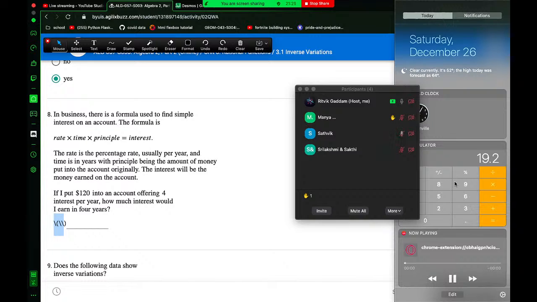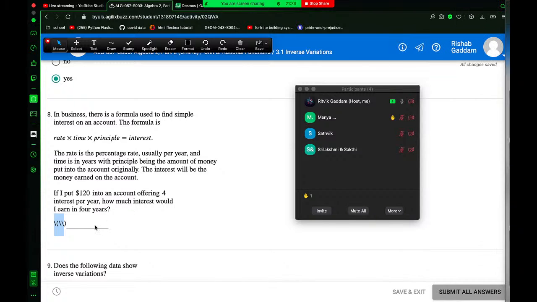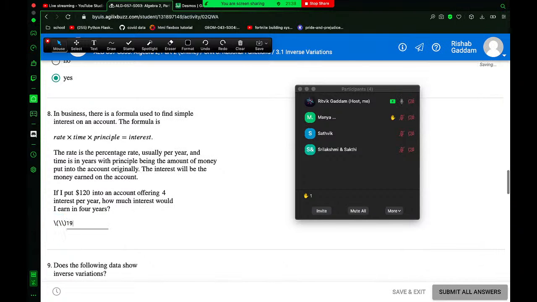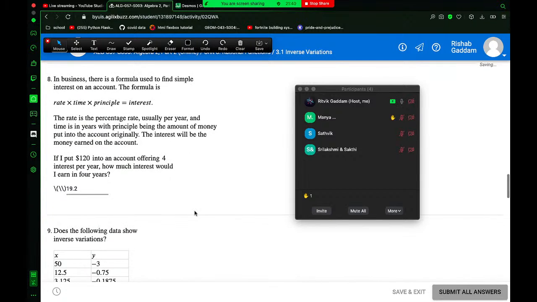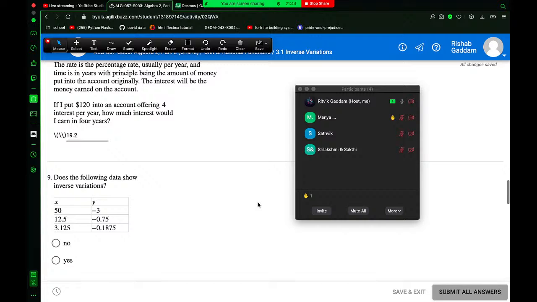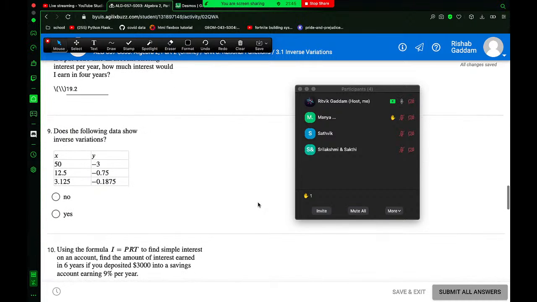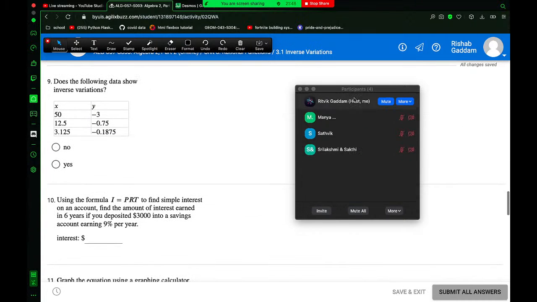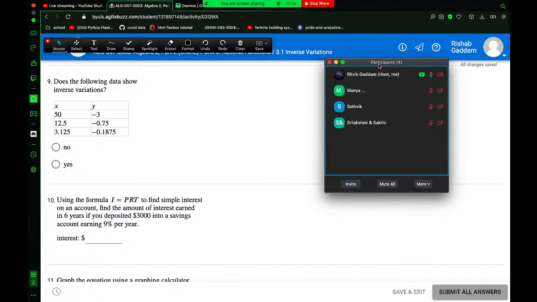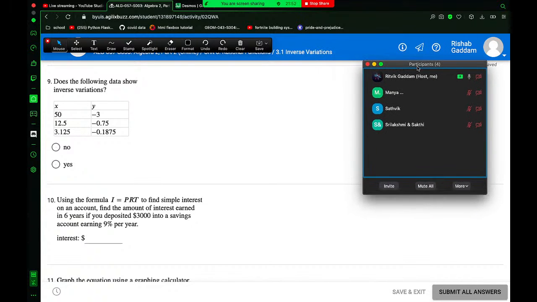Yeah, it's $19.20. It's 120 times 0.04, and then times 4. So good job, Manya. I think you should use a calculator, maybe. It's probably going to make it faster. It's fine if you don't want to.